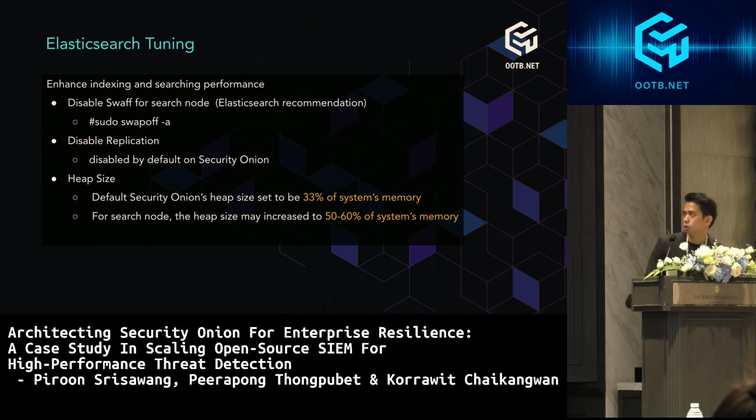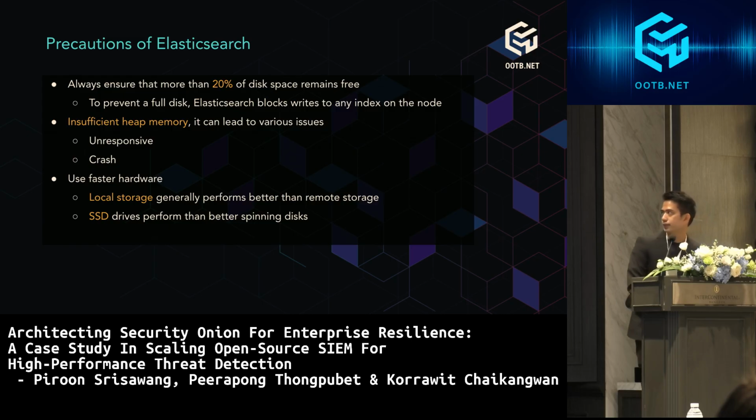The first one is to disable swap memory for the best performance, and disable replication. You should also increase your heap size. By default, Elasticsearch allocates a heap size of 30% of the system, and you can increase it to 50 to 60%.